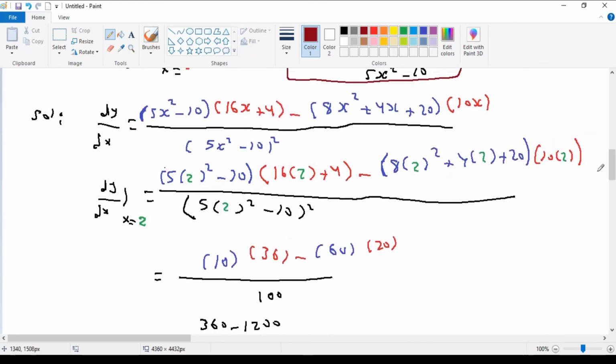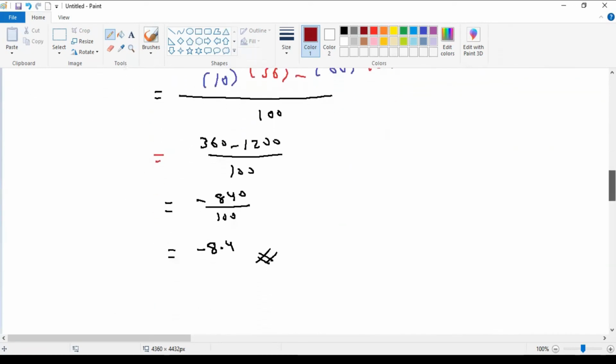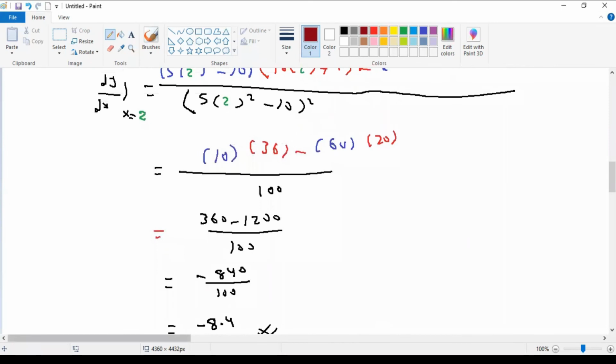Then at 2, no need to simplify like the first example, substitute 2 for x and calculate. So this is the answer. So that's all for the derivative of a rational function.